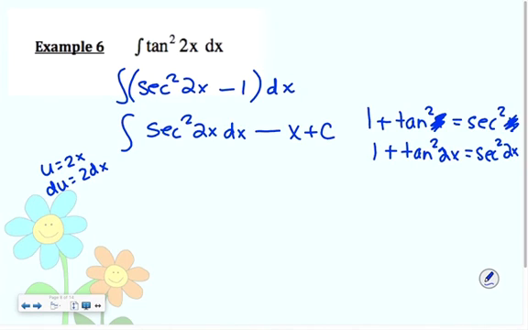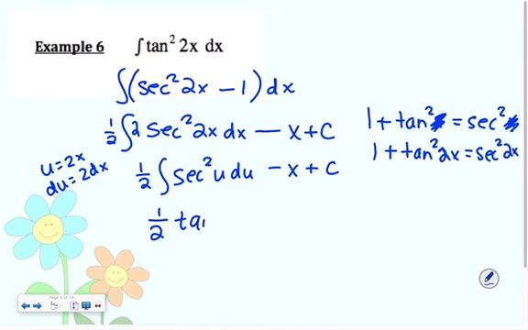So the integral of secant squared is tangent, but what do we have to do here? Multiply by 2, balance with a 1/2. So the integral of secant squared u du is tangent of 2x. Any questions there?